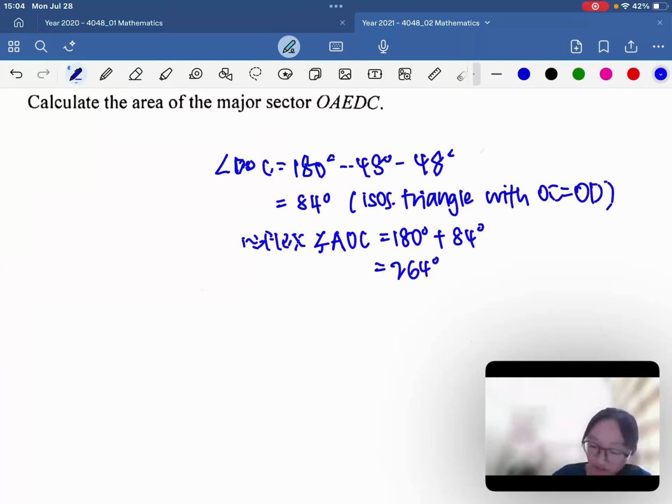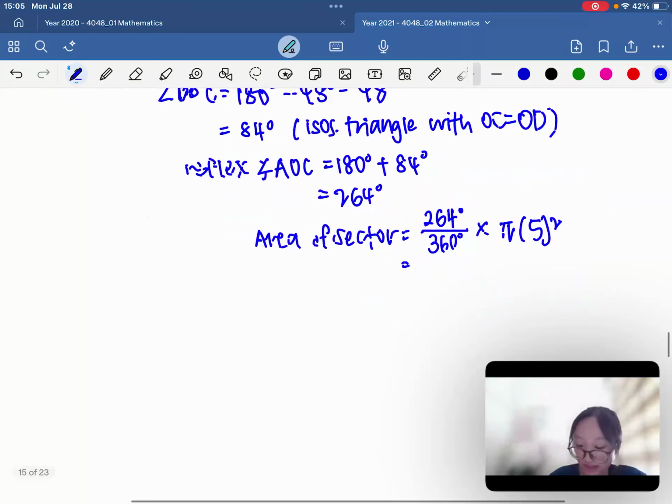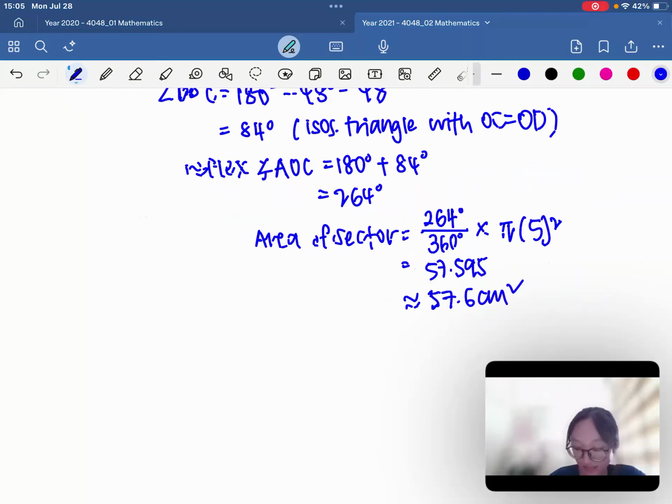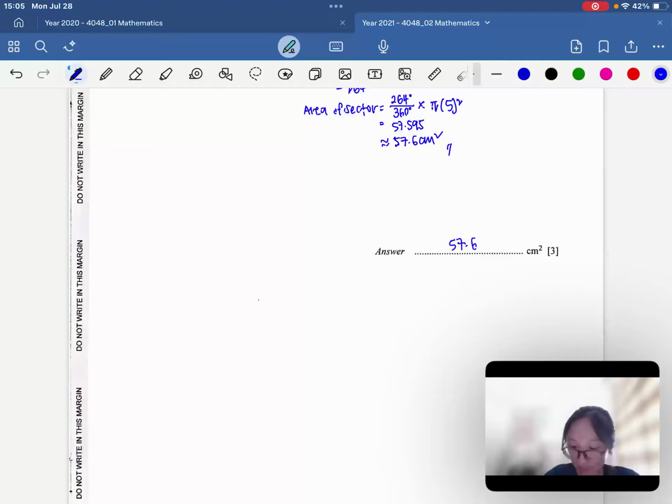Then we can find the area of the sector. This would be 264 degrees over 360 degrees times pi times r squared, which is 5 squared. This gives us 57.595, which rounded off to 3 significant figures is 57.6 cm squared. So this is your answer, 57.6.